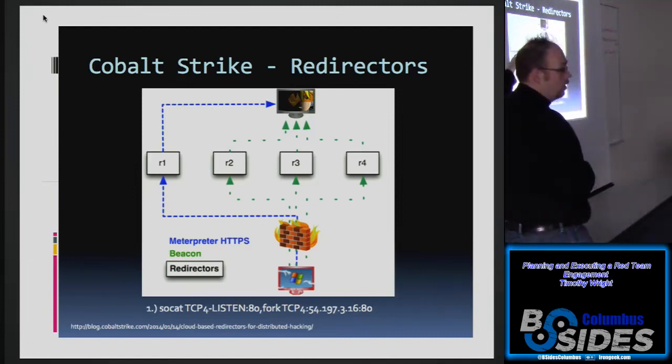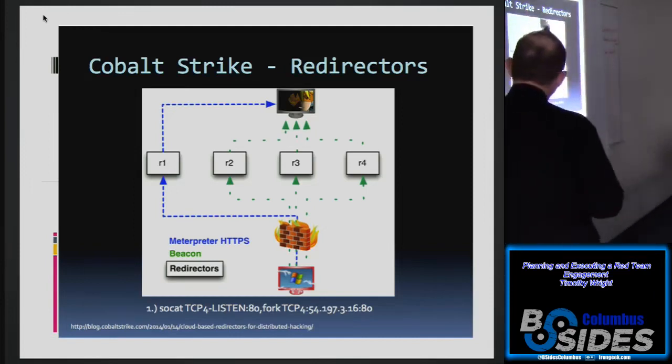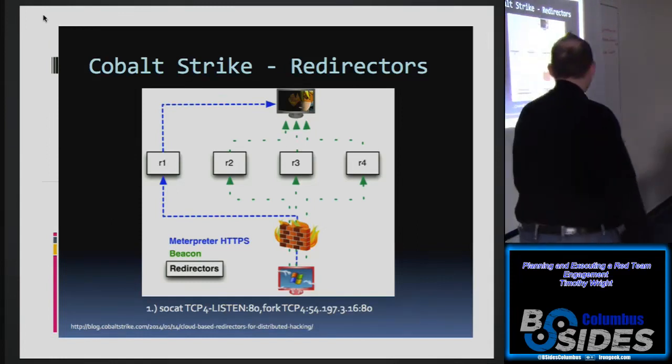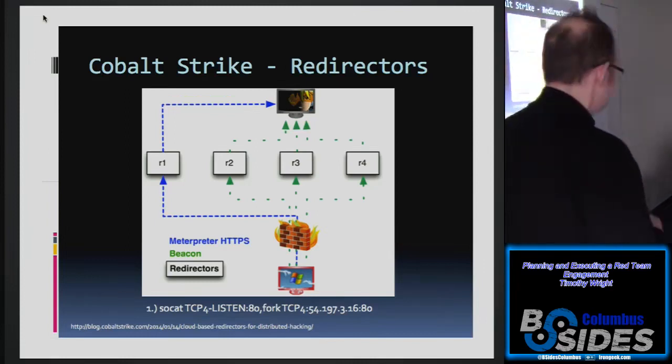These could be low-power Linux machines running in an Amazon cloud, and then having our larger team server sitting on the back end, catching and doing all of our comms. Right? And then these redirectors actually are running SOCAT, so this is the command that you would run once you have these set up. It's just SOCAT TCP, listening on whatever port, and then forking it over to your back-end server.